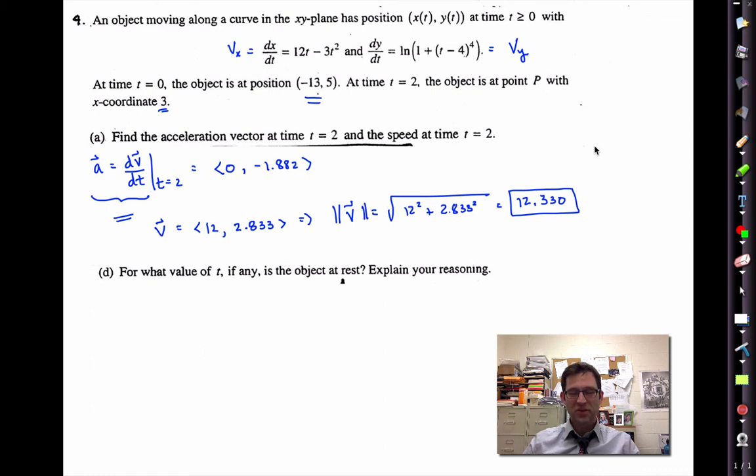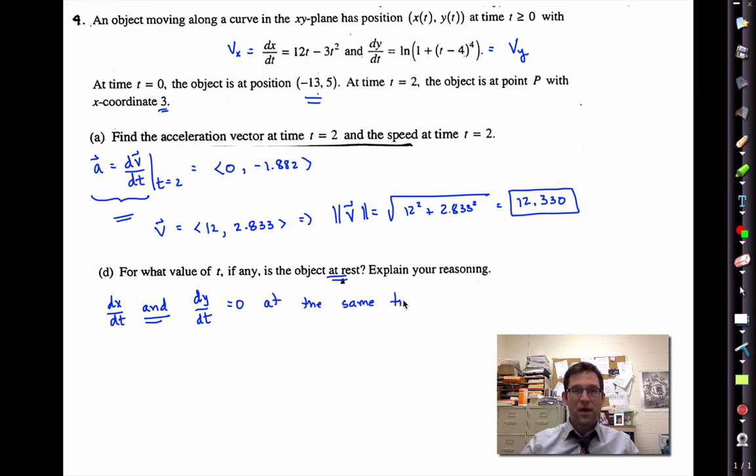All right, so here's the key. If an object is at rest, if it's ever at rest, what that would imply is that dx/dt, and that's an important word, and dy/dt are both equal to 0, and this is key, at the same time.